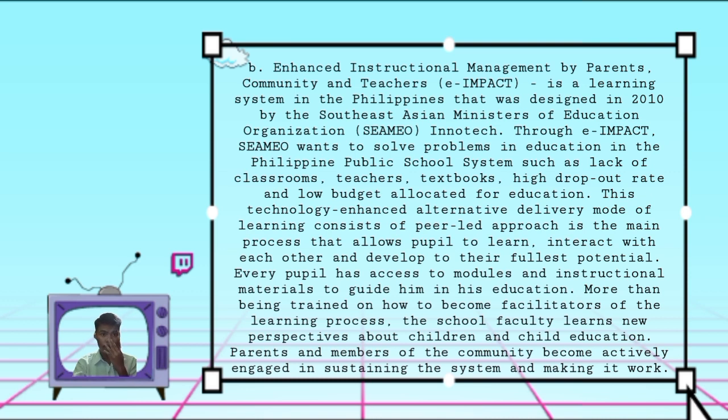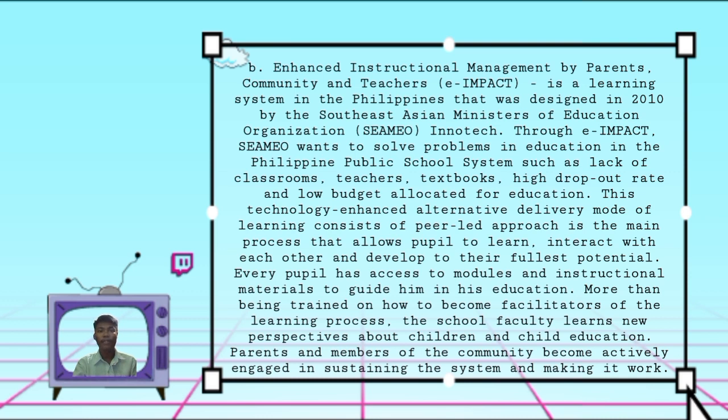Now the school's faculty learn new perspectives about children and child education. Parents and members of the community become actively engaged in sustaining the system and making it work. Their support is crucial in ensuring that the learning process continues in the homes, thus, in the process, learning with the child, a whole community is transformed.